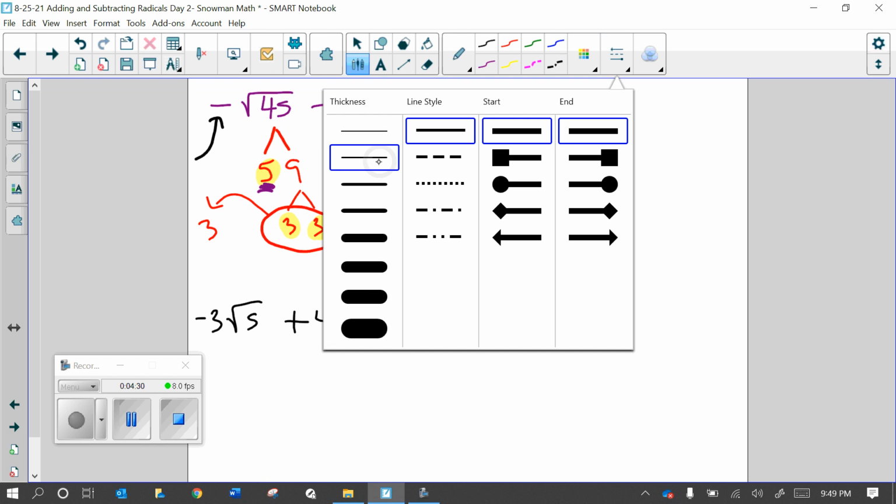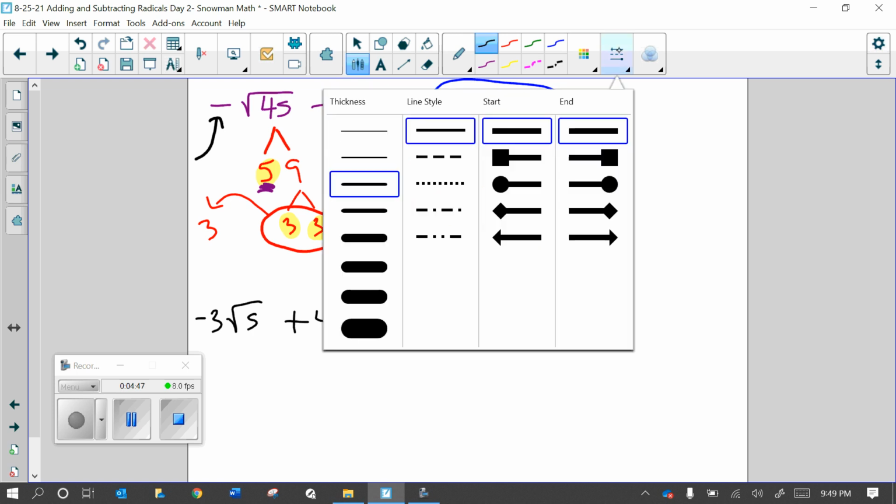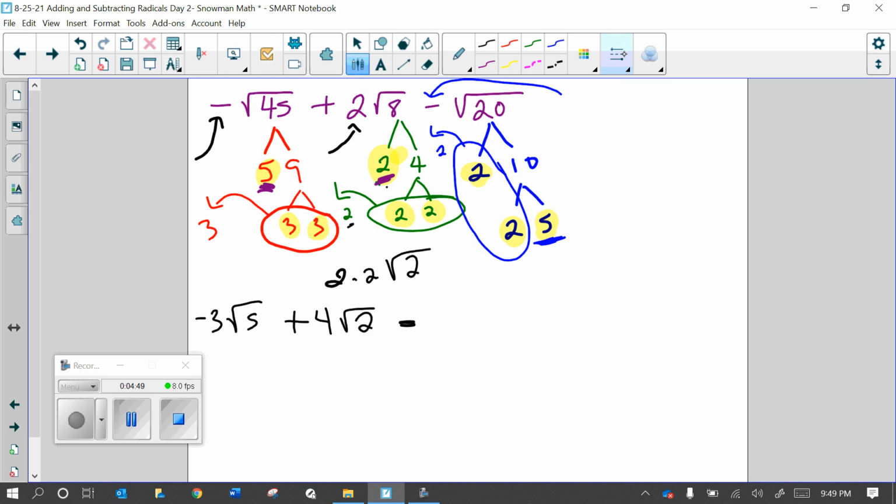Looks like we have a pair of 2's. So that means a 2 comes out of the radical, and then a 5 stays inside. Don't forget about that negative sign. Bring it down. Negative. And then on the outside, that 2 came out. On the inside, you have the 5.